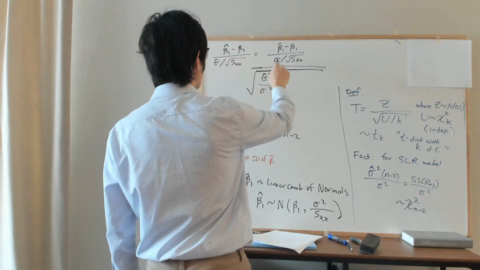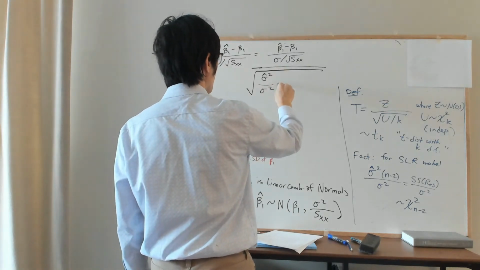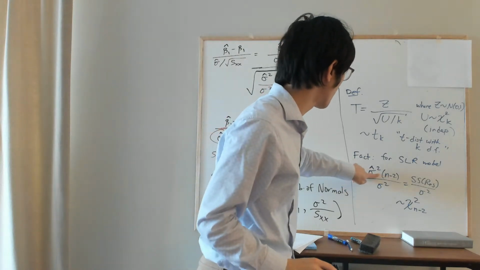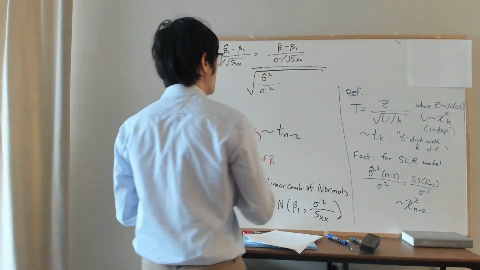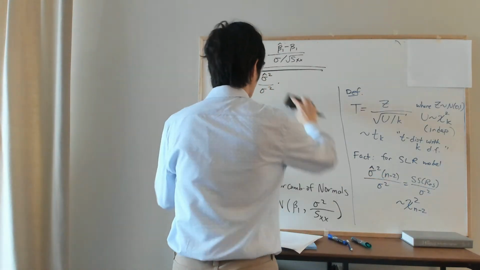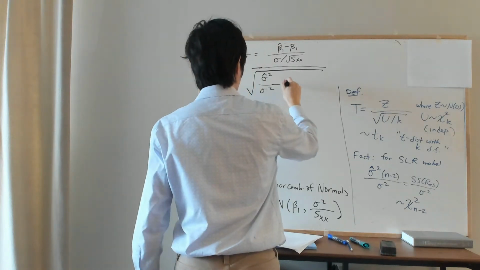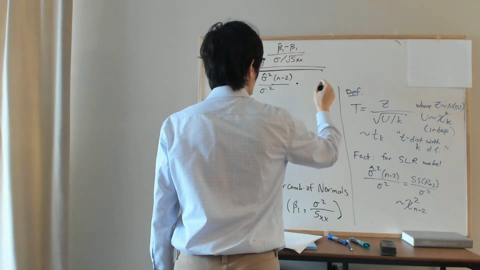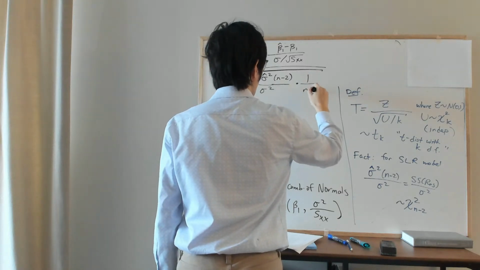And so to manipulate it into this form where it looks like this, I'm going to multiply by n minus 2 over here, and then I'm going to divide by n minus 2.